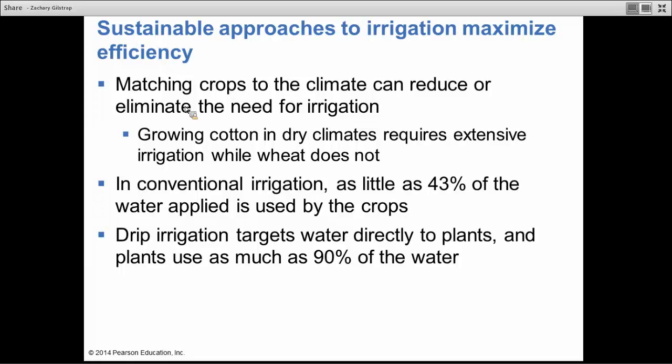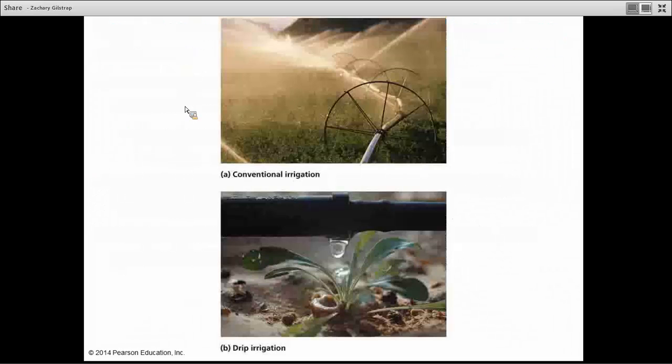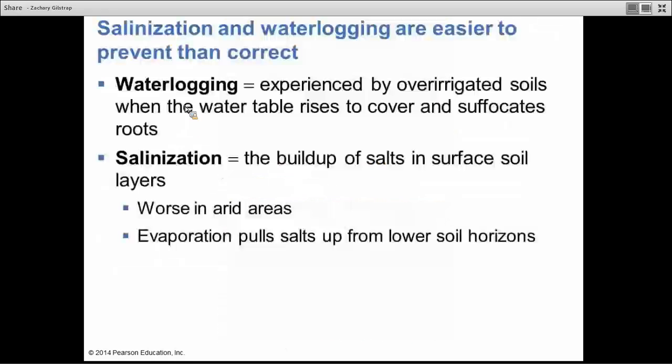And then lastly, drip irrigation targets water directly to plants, and plants can use as much as 90% of the water. And here we have examples. In conventional irrigation, it's really just shooting water everywhere. And in drip irrigation, it's a very targeted, small amount of water, just as much as the plant needs. So there's way less waste there.